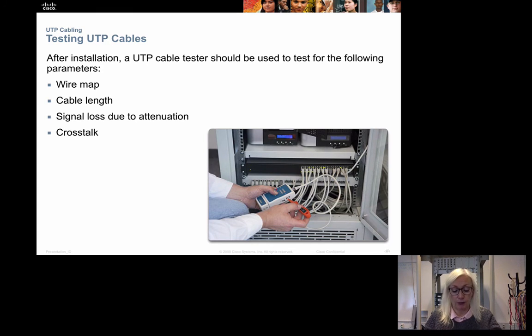Crosstalk, if I don't make it correctly, then the small wires will interfere with each other, because when I put on my plug here, I need to unwire them, and if I have too much that is unwired, then I will have crosstalk in my cable. Here in the lab we have one of these to measure the cables.